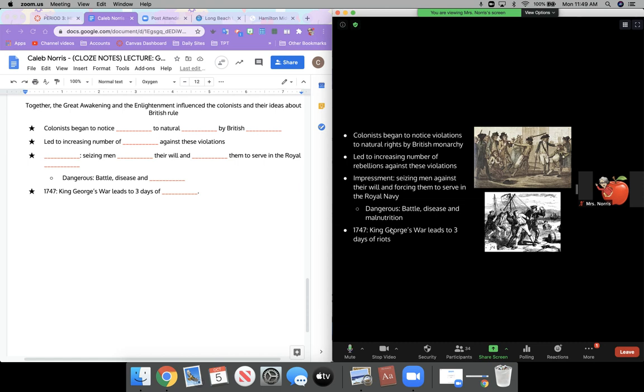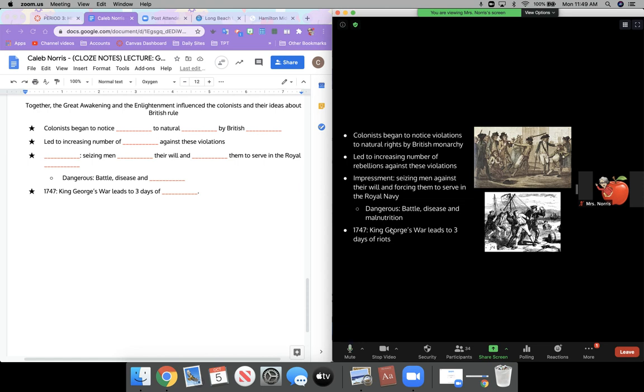So King George said, okay, fine, start seizing the colonial men in port along the seacoast, okay, and we'll have them serve. And the colonial men were like, oh no, wait a second, that's not going to happen. And that led to 3 days of rioting because King George was trying to take over the colonial men and they weren't going to have it.